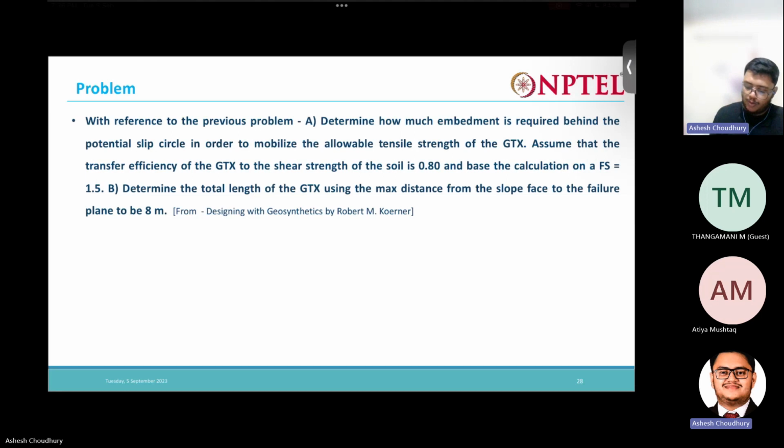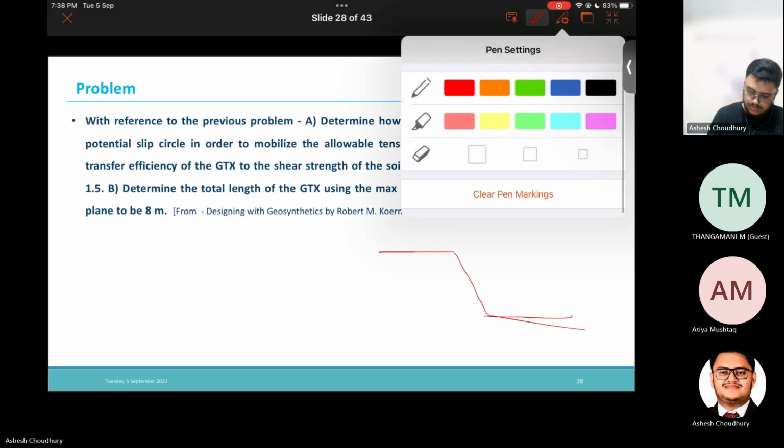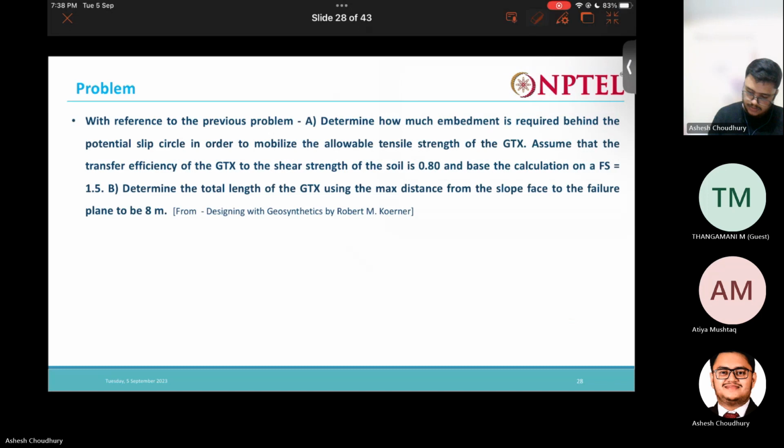It is asked to determine how much embedment is required beneath. Say this is the question.